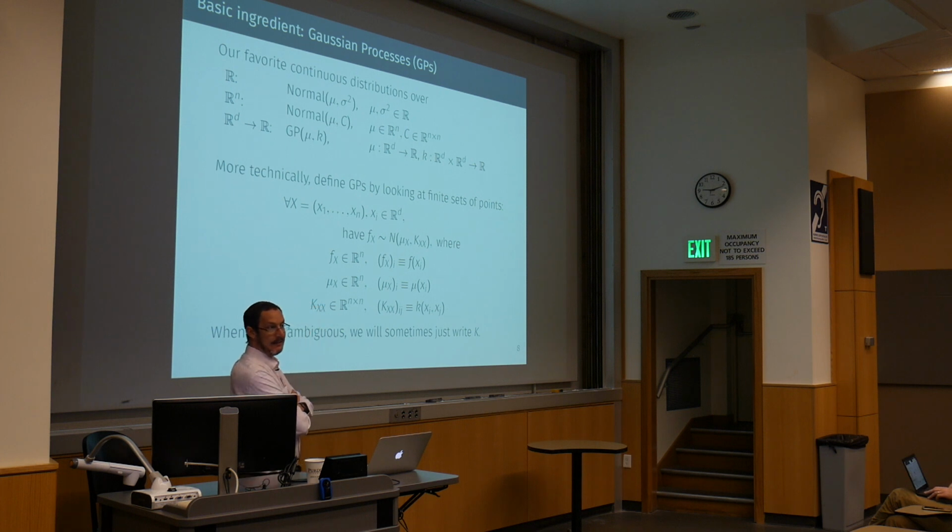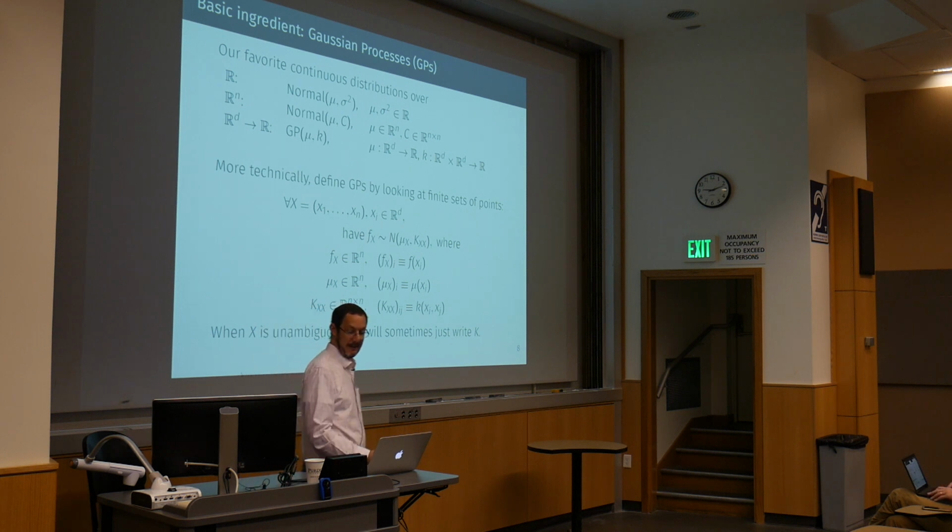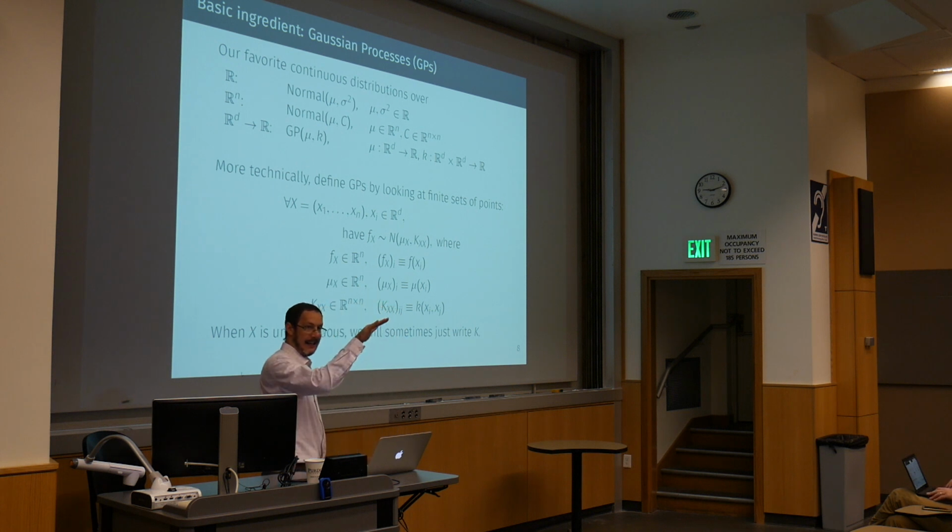And if I write function with a subscript capital X, that means the vector of function values. And if I write K, which is my kernel, with 2 subscript capital X, that means the matrix that you get by evaluating at every possible pair of points. And sometimes the X in question will be unambiguous, and I'll just write K, and it makes my notation simpler.